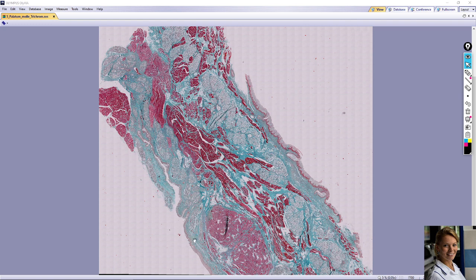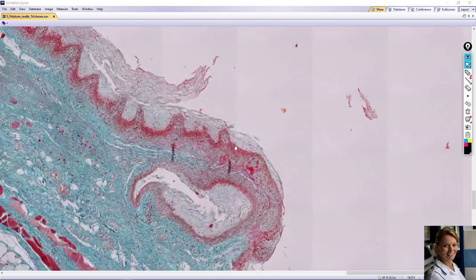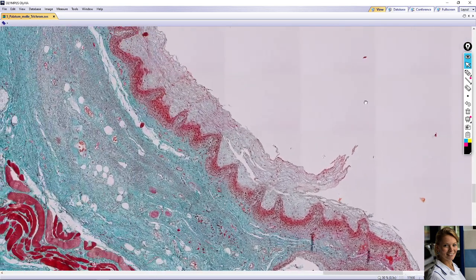The oral surface is lined by a stratified squamous non-keratinized epithelium. You can recognize many layers of cells.